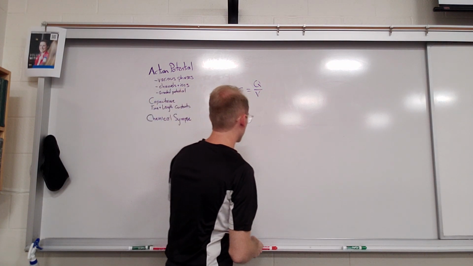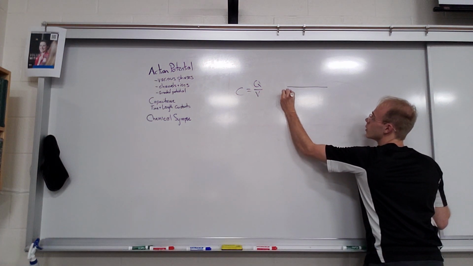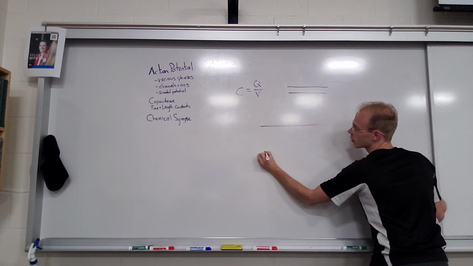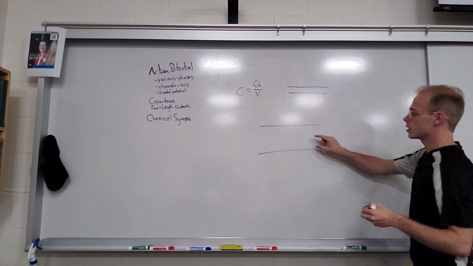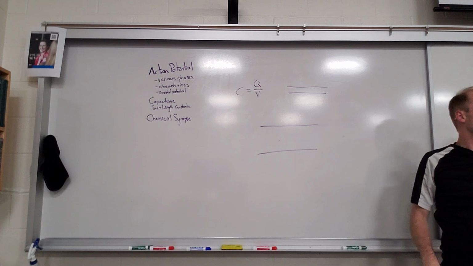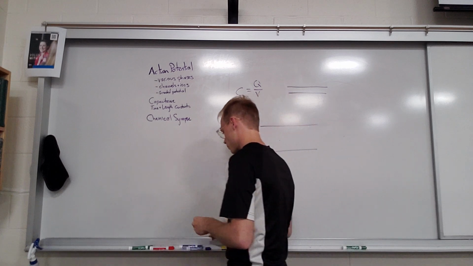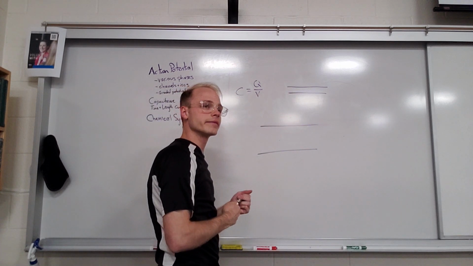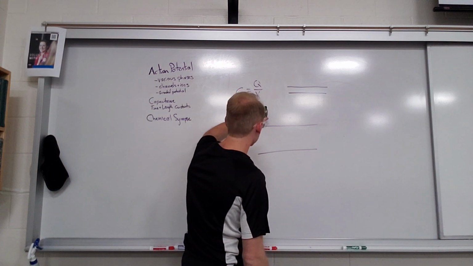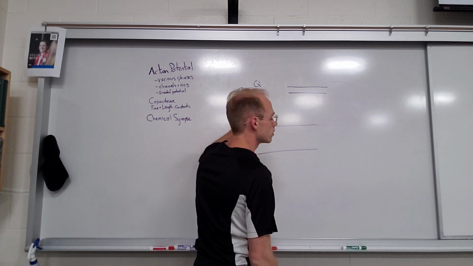So if I have a super thin neuron versus a really, really thick neuron with a really big diameter, this is the inside, that's the outside. Imagine it's a tube, a cylinder.